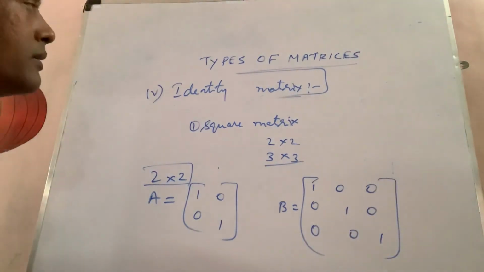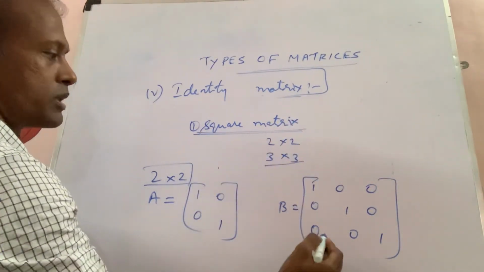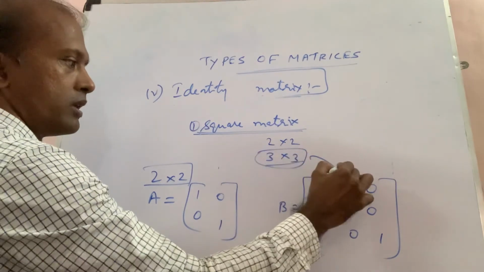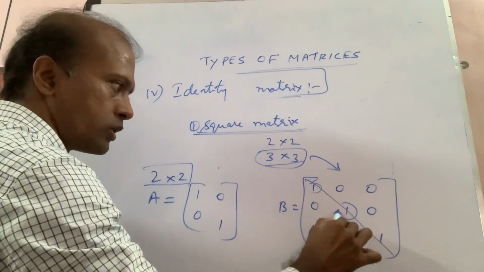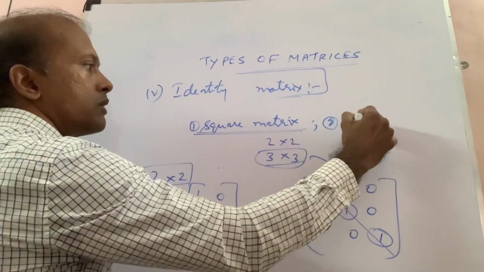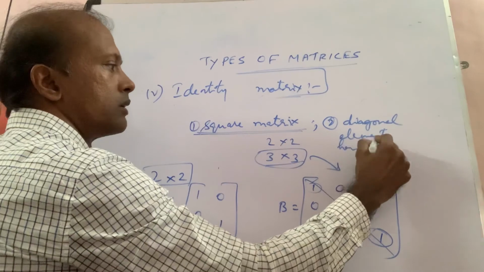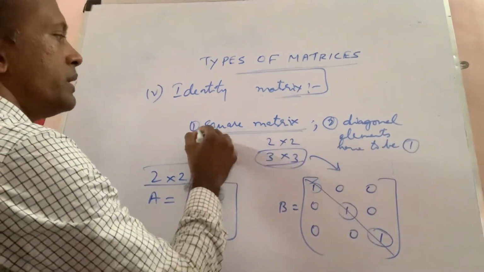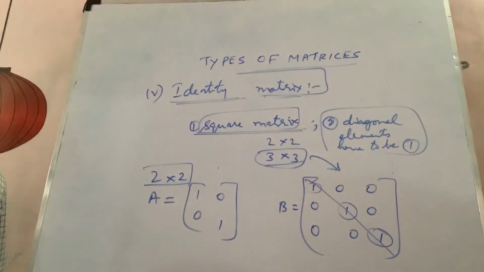So what is the criteria? It has to be a square matrix. So this is a square matrix of 3 by 3. And notice the diagonal elements are all 1, unity, right? Diagonal elements have to be 1. So if you meet these two conditions, then you call that matrix an identity matrix.